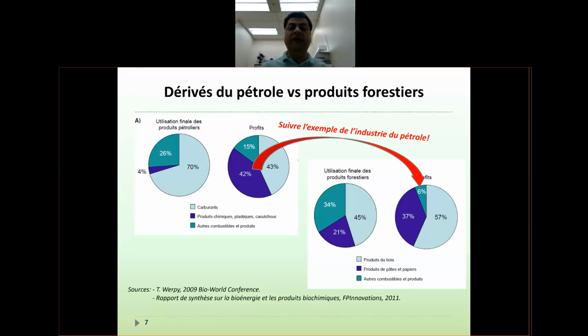We have to learn from the oil and gas industry how to make money, how to be smart in making money. Yes, you can make a lot of fortune by producing wood products, by producing pulp and paper, and producing fuel.